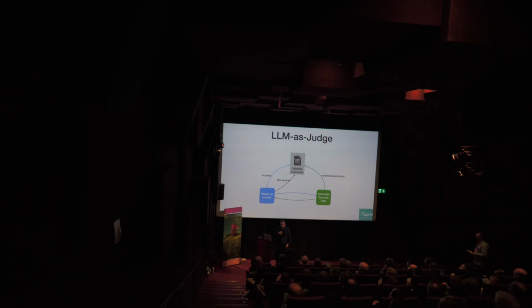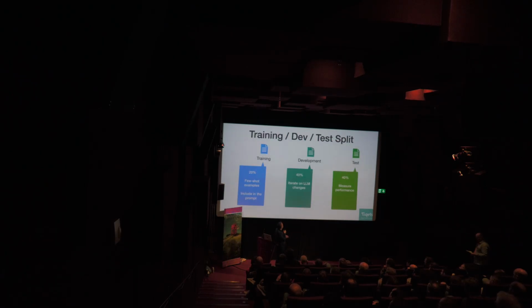The problem is you're sort of giving the LLM the answers to the test that you're then going to use. So what people do very simply is split it up. You take about 20% of the traces. You're going to use them as few-shot examples that you can include in your prompt, and you will see which ones work better. You iterate on that.